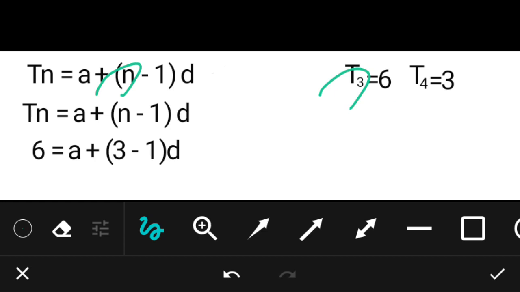Okay, so here they said the third term, so that third term is the one that you're supposed to put inside the brackets there.